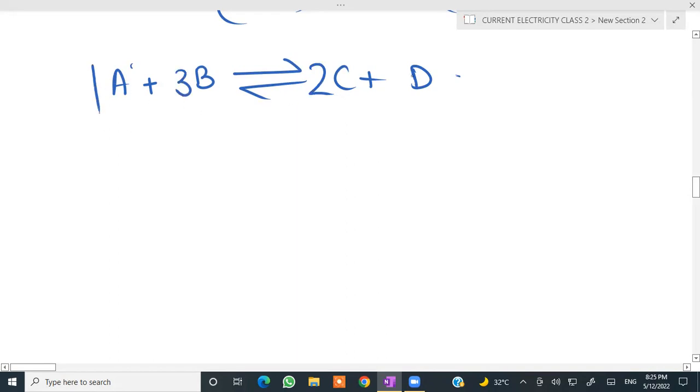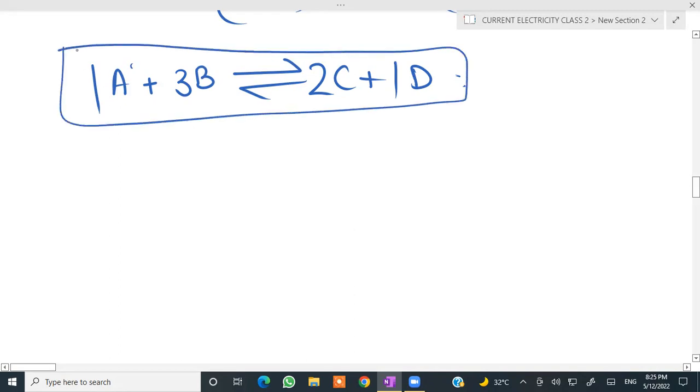Now, someone has to tell me the units. Now, assuming this is a balanced equation, tell me the units of Kc and tell me an expression for Kc of this equation. Now, this equation is balanced, by the way. Tell me Kc with units.